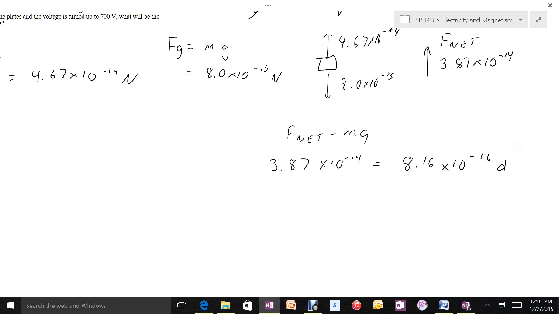Dividing by 8.16 exponent negative 16, I get an acceleration of 47.4 meters per second squared.